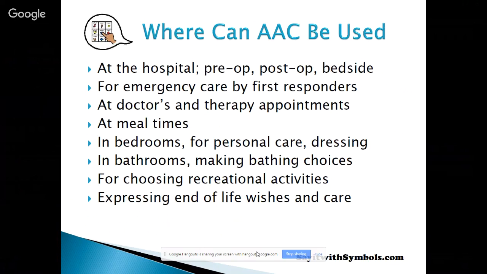If your objective is to give someone a bath, you may not care if it's a bath or a shower, but that individual may have a very strong preference. So having choices that they can make about their bathing situation can help alleviate some of their stress and behaviors. For choosing recreational activities, it's used to help people decide what they want to do, where they want to go if they're not able to get there themselves.